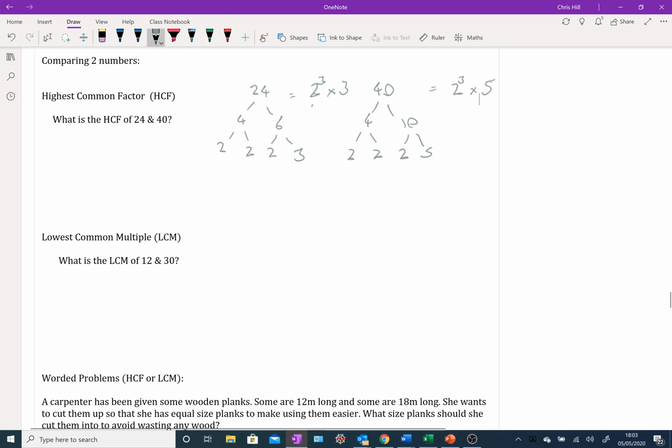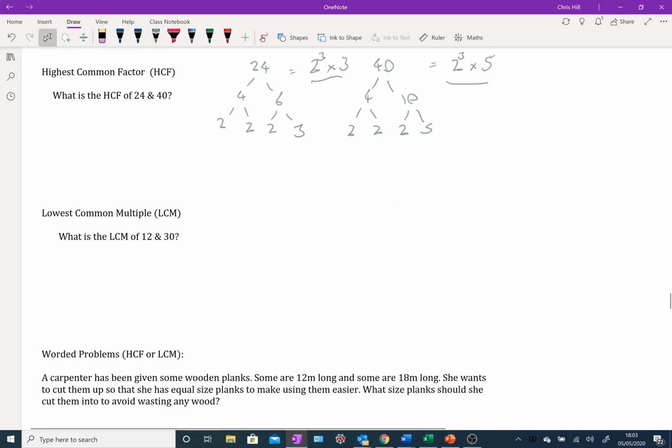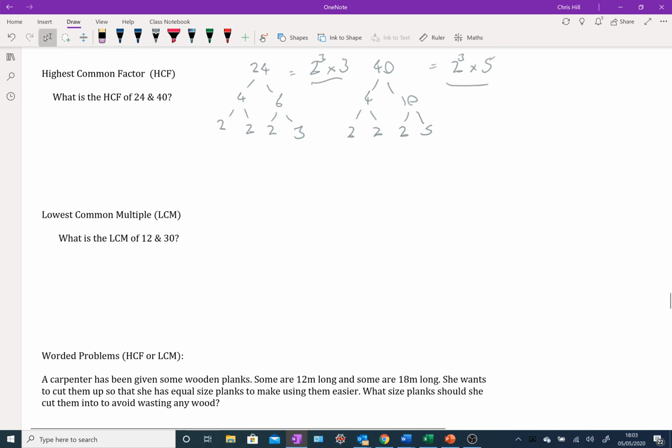So we found the two prime factorizations, and therefore what we then do is we say, okay, the highest common factor is made up of the product of all the things that are the same in both. So in this case, it's the 2 to the power of 3. So the highest common factor is equal to 2 to the power of 3, which is equal to 8.